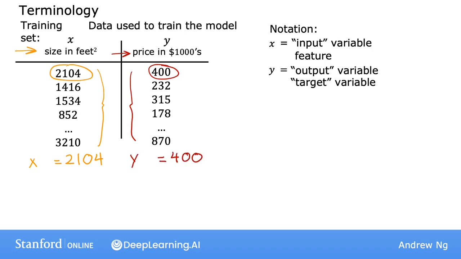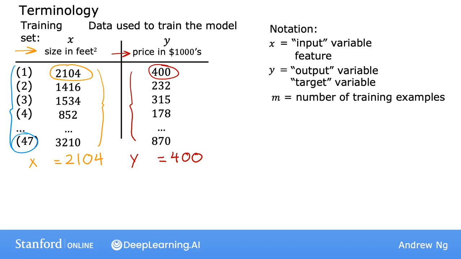So the dataset has one row for each house, and in this particular training set, there are 47 rows, with each row representing a different training example. We're going to use lowercase m to refer to the total number of training examples, and so here, m is equal to 47.